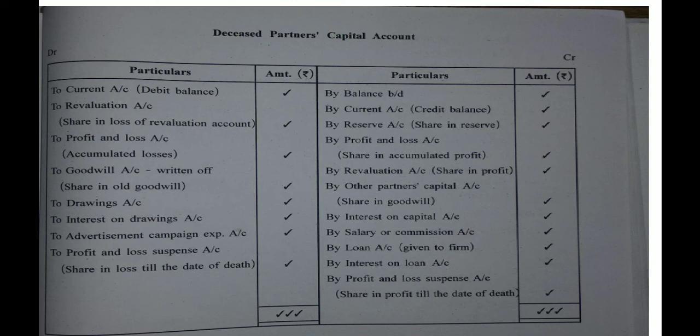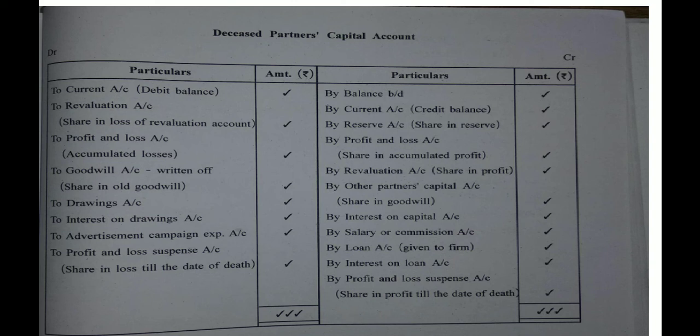Then to drawings account, interest on drawings. This is all going to be provided in the question. Drawings of course is deducted from partner's capital. Also interest on drawings. If you remember this point, in final accounts we are doing this.